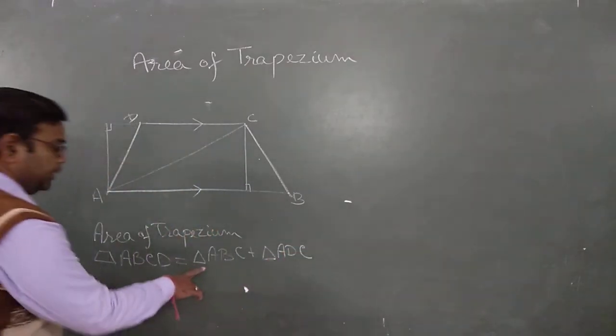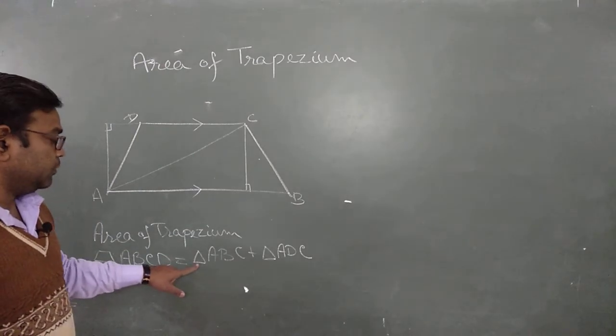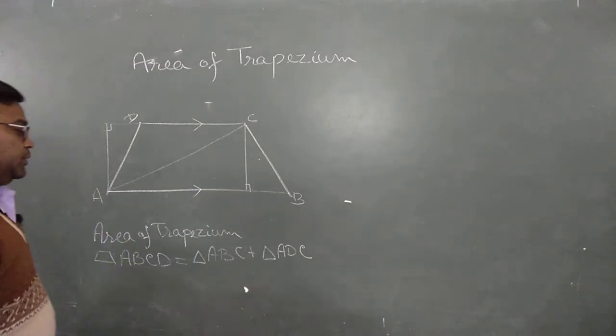I missed the word area: area of triangle ABC and area of triangle ADC.